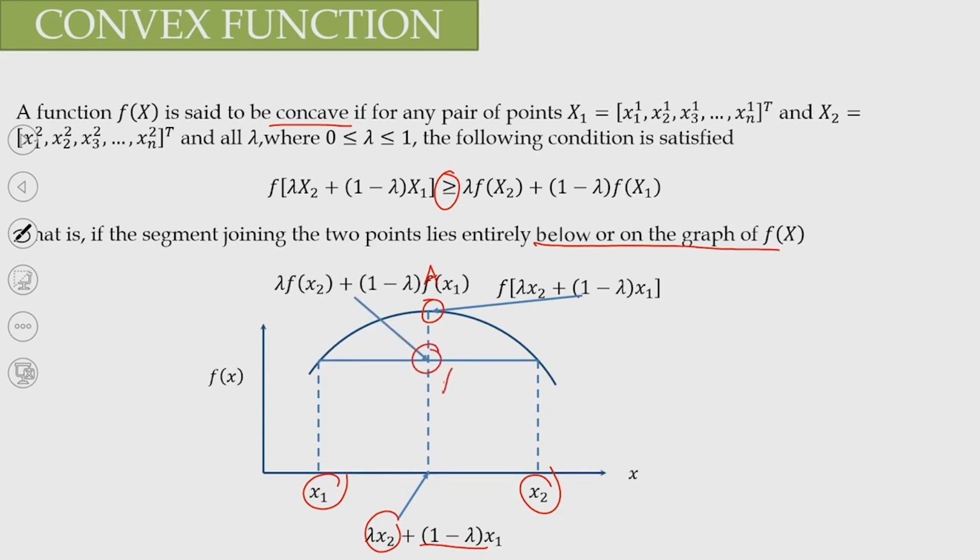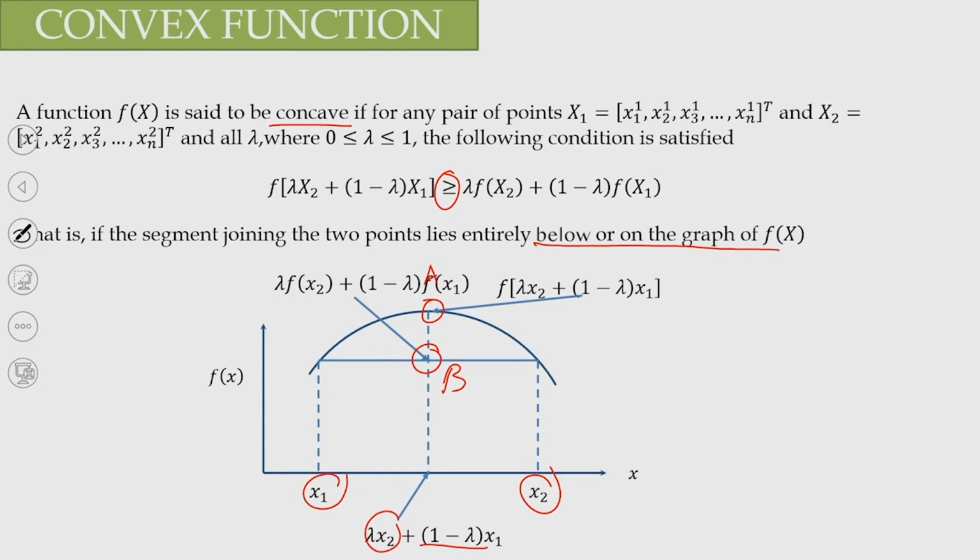This other point is B, that is lambda f of x 2 plus 1 minus lambda f of x 1. In this case the point A, which is on the function, is above the point B. So, the function will be called a concave function. If this condition is true, we will call it concave.